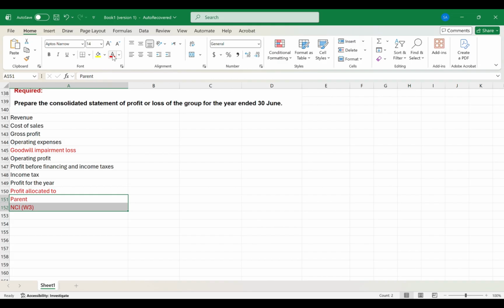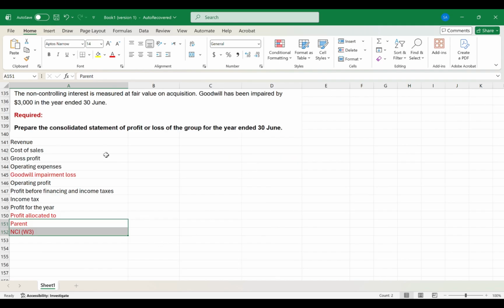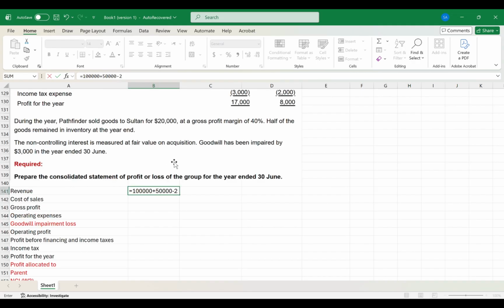Okay. So now let us start with the revenue. If you see the revenue, it's 150. So plus 100 plus 50, then you will minus intergroup sales, which is 20,000, 130,000.